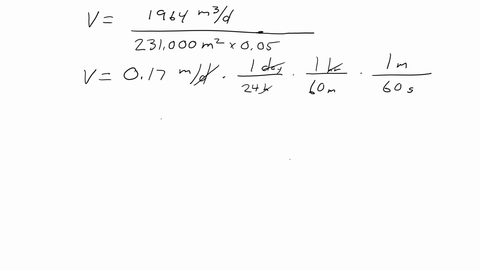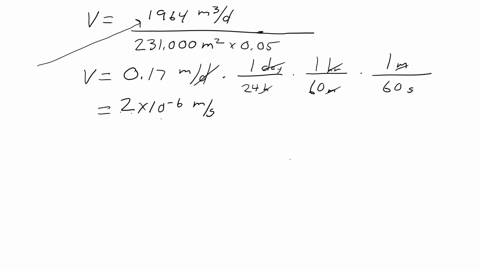We can get rid of the day, the hour, and the minute, and if you multiply this out, you end up with 2 times 10 to the minus 6 meters per second. A very slow groundwater movement. But because it's moving through such a large surface area, you actually end up with a pretty large amount of water, 1,964 cubic meters, flowing through this every day.